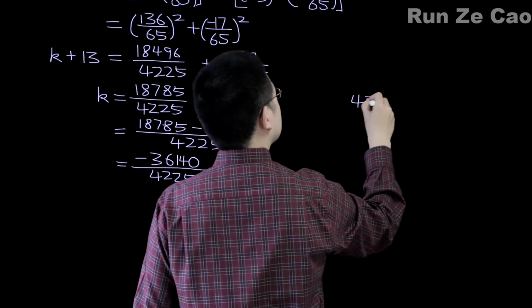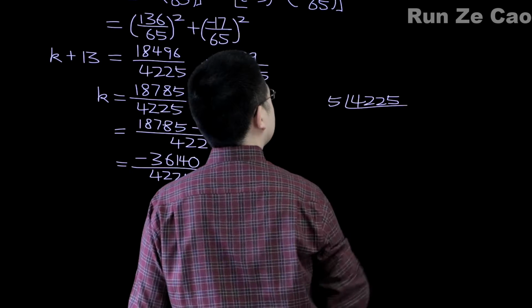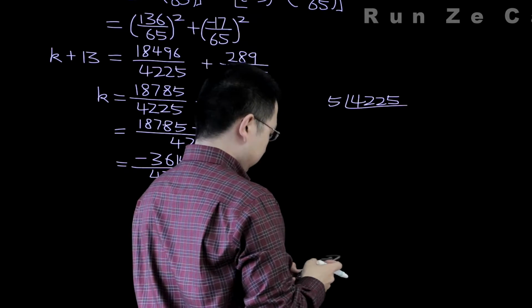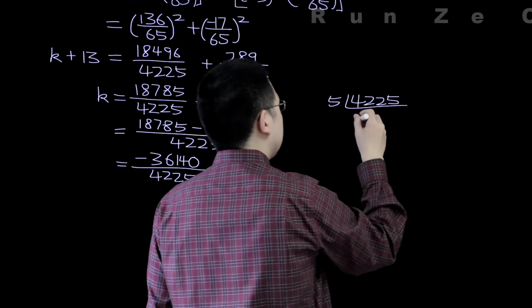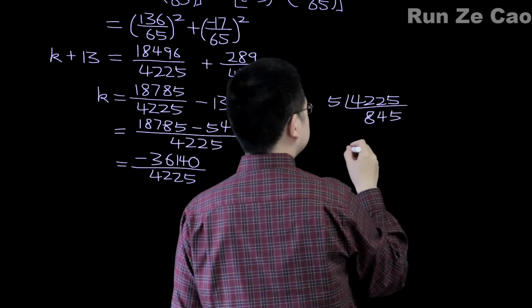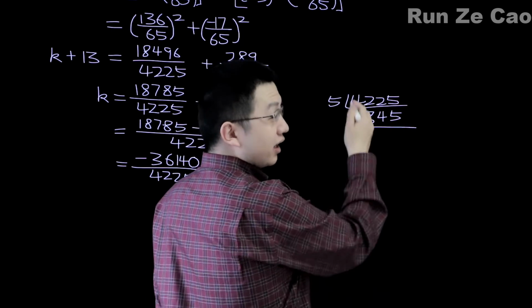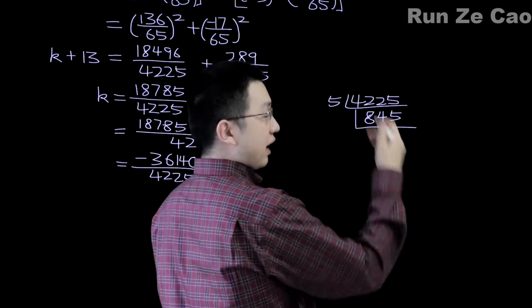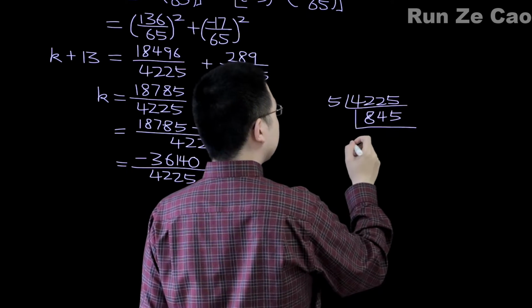Okay, 4225. We can obviously factor out a 5. So what do we get left when we factor out a 5? 845. Yeah, okay, it ended in 25, thus we can obviously factor out 25. But hey, one step at a time, right?